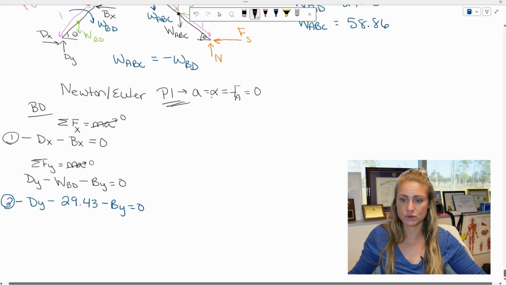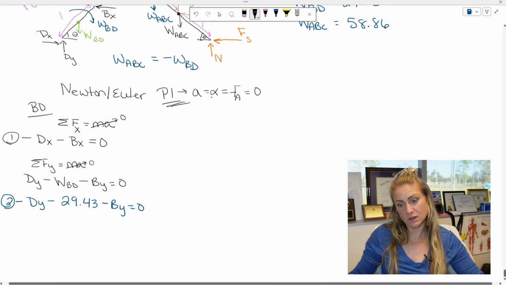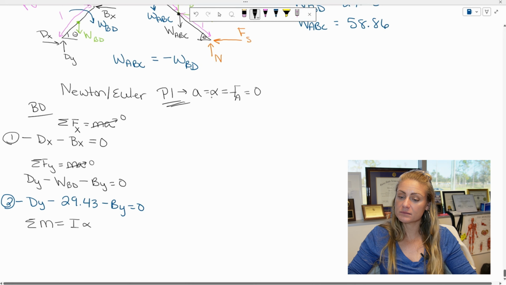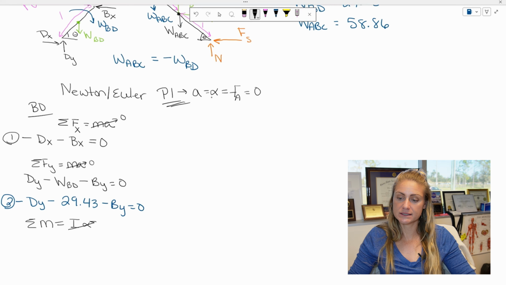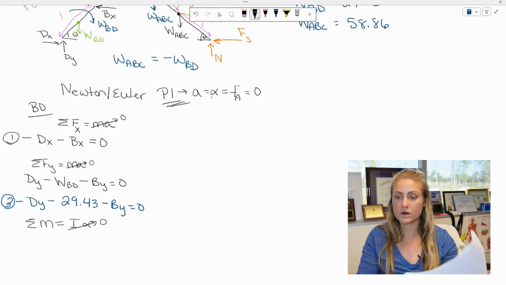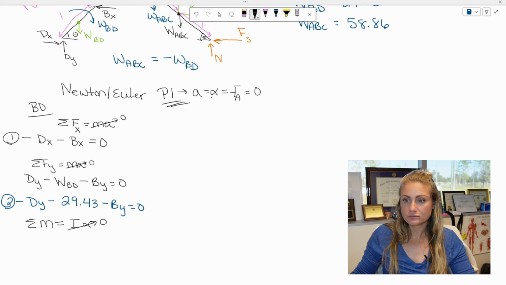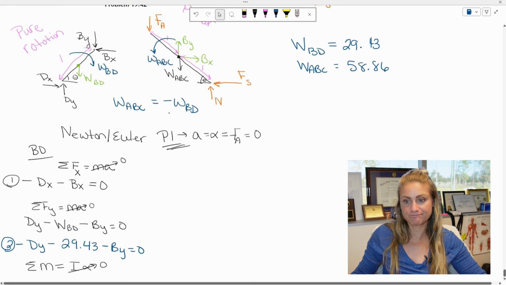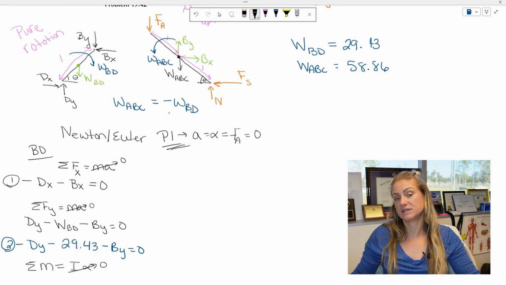So I think I want to create a moment equation. So if I do the sum of the moments equals I alpha, this is Euler. Again, position 1 is in equilibrium, so there is no motion. And now I can do the sum of the moments. Which point should we take it about?